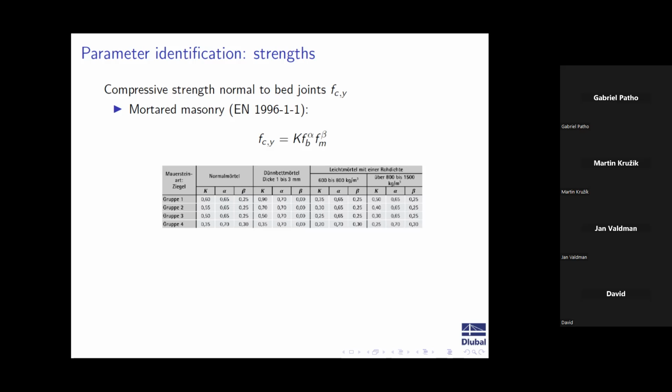For example, you can see that thin layer mortar does not even consider the mortar strength. It's so thin that you just omit it from your final compressive strength. So you have Newton per square millimeter to the power of 0.1 unit. So you need to take care, or rather not, leave it to the civil engineers to deal with such stuff.